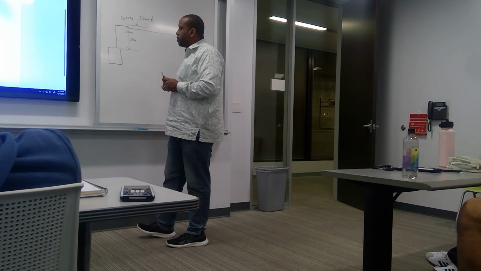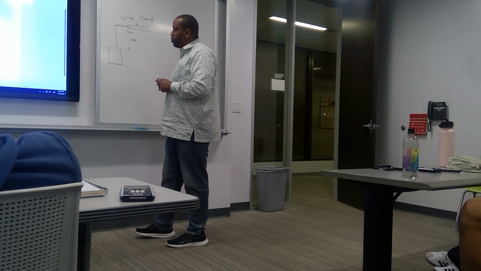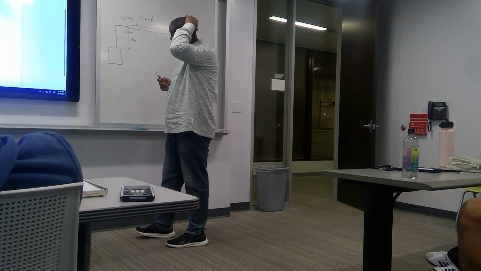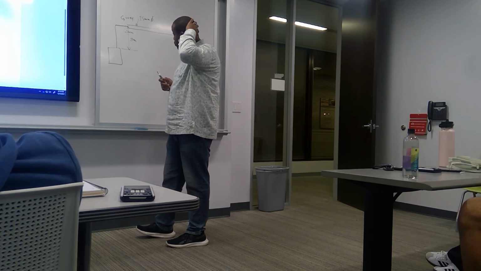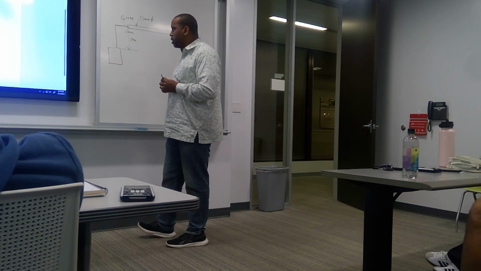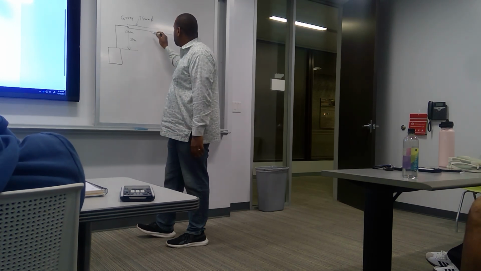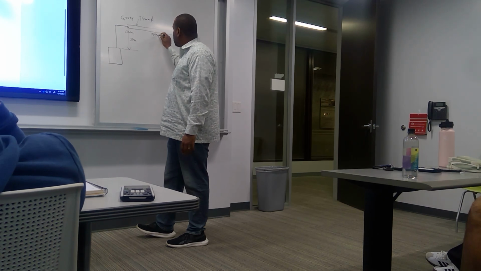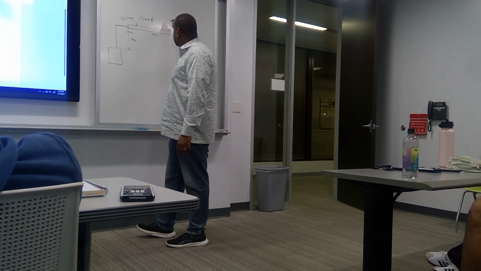The friction coefficient of the pipe is 0.012. How long is the pipe? 180 meters. And they are telling us that f for the pipe is 0.012.